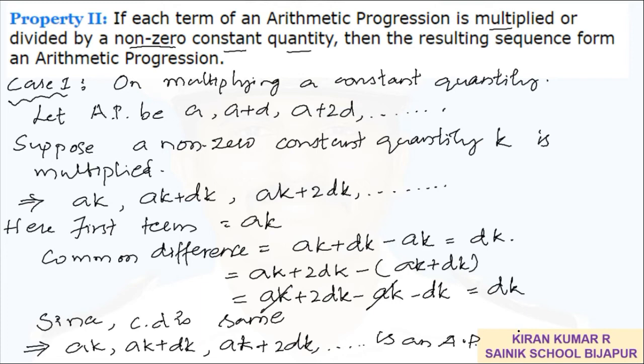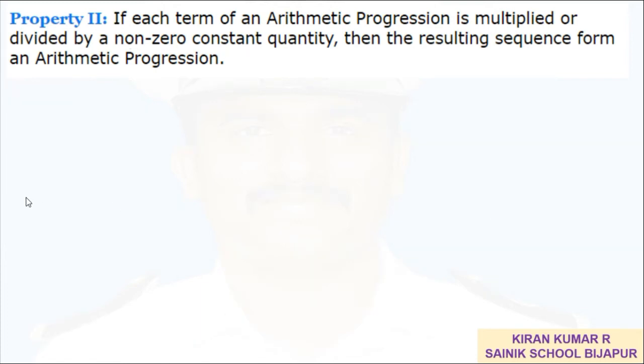Let us continue the same thing for the next case, that is dividing by a constant quantity. Let me consider arithmetic progression be a, a plus d, a plus 2d, and so on.